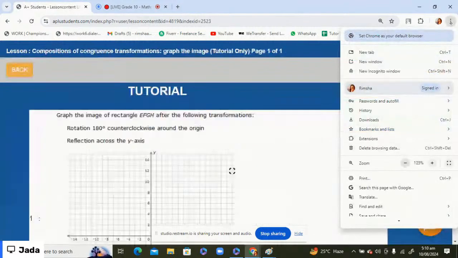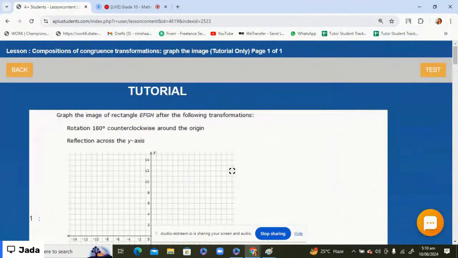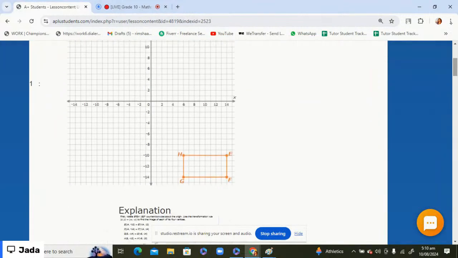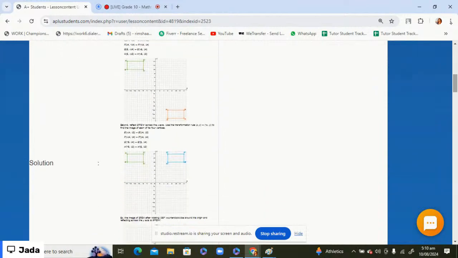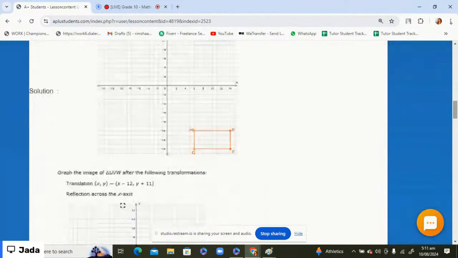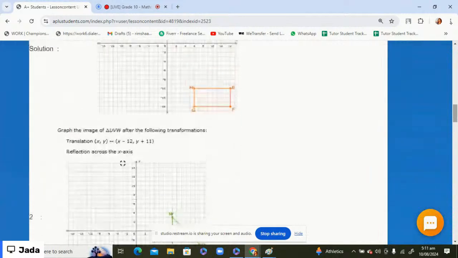Graph the image rectangle E, F, G and H after the following transformation. Okay, so we are going to use the following transformation to basically look at here, and these are just some points that are given, and we convert it.